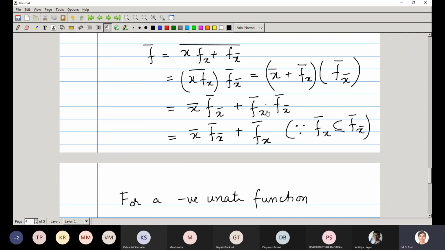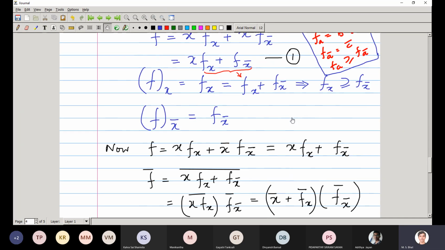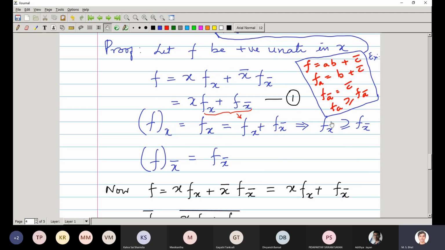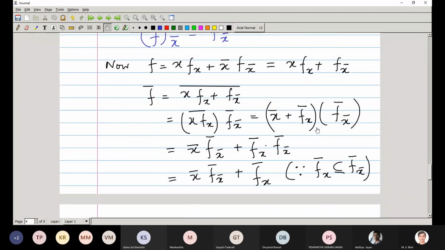Since Fx contains Fx bar, which means Fx bar is small compared to Fx, the complement of this will be bigger than the complement of this. Do you agree? The complement of Fx is something like this. So you have this.